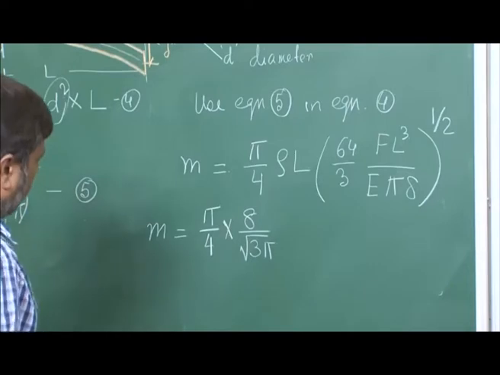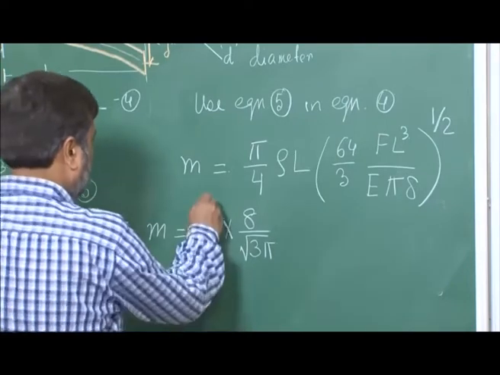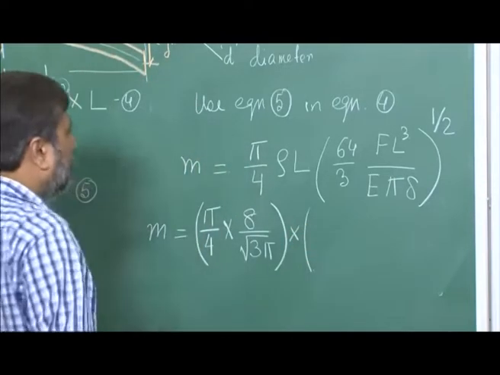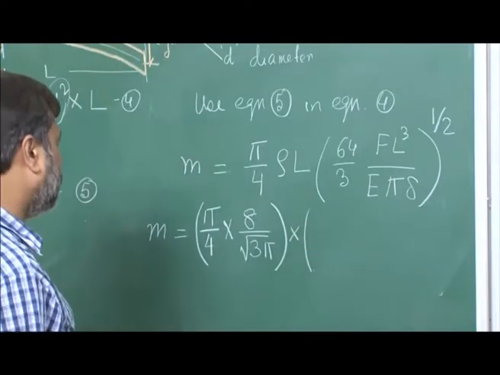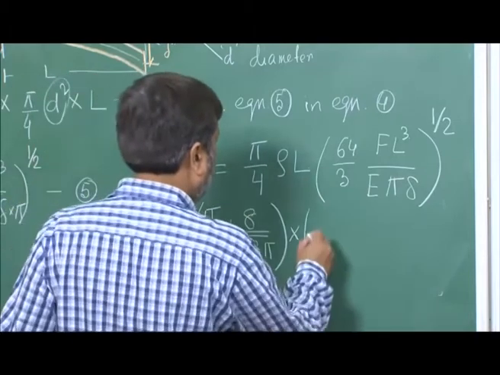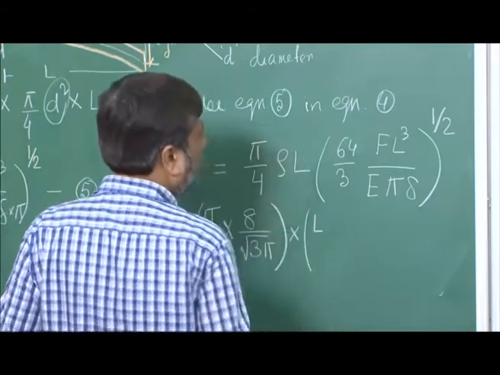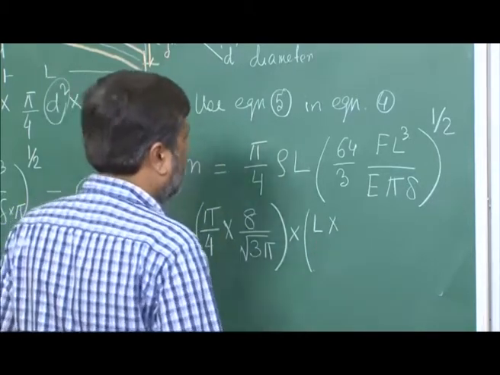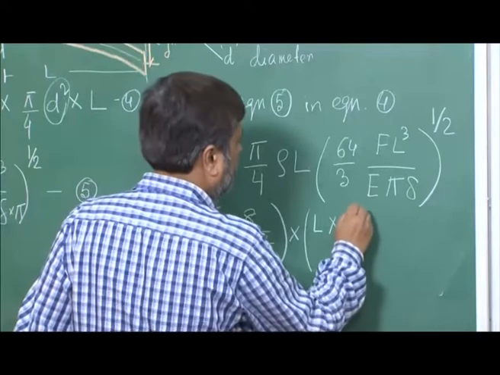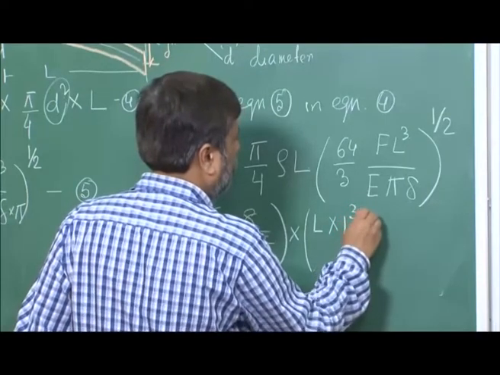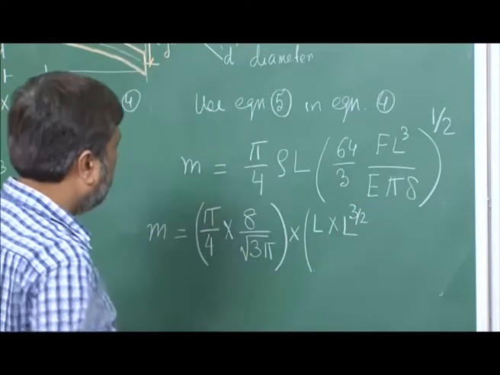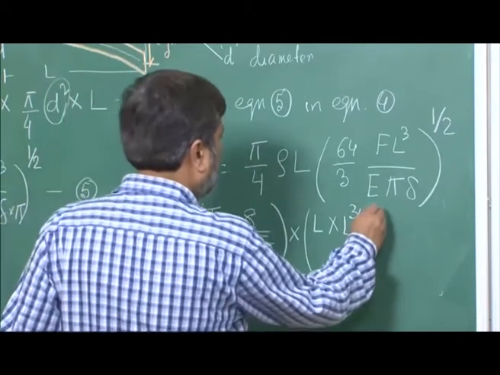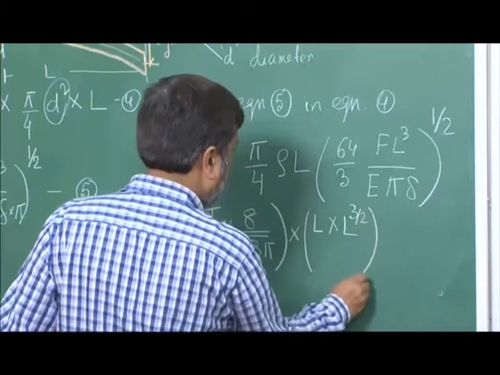So, this is all the constants together. Then we have some geometric parameters with us. What are these geometric parameters? L times L to the power 3 by 2, right. That is the geometric parameter that we have, so let us keep that separately.